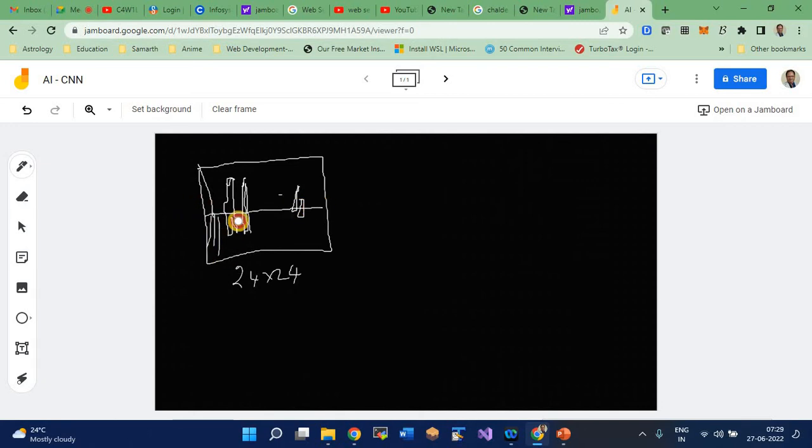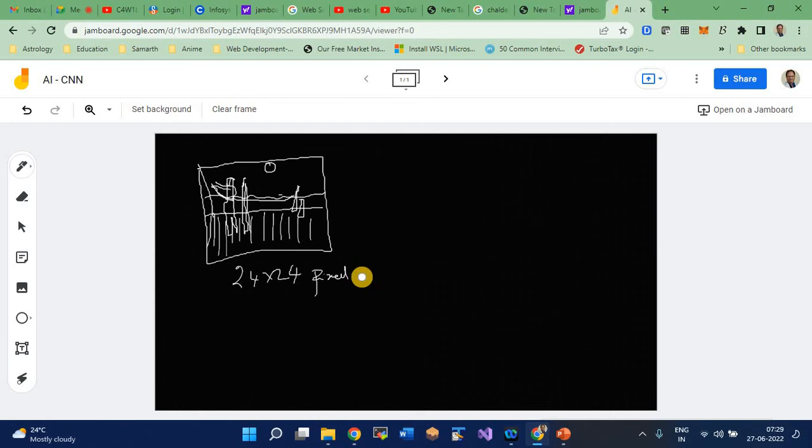This is a seashore, and maybe there is a moon over there, and distantly there is a ship. Let's say there is something like this, and it's a 24 by 24 pixel image.